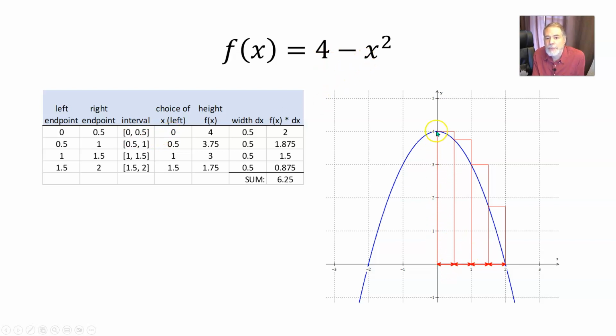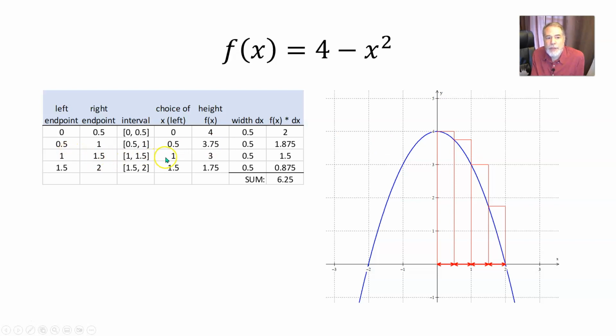So we go all the way up to 4 and take that as the height of the first rectangle. For the second subinterval, the left endpoint is 0.5 or 1/2. So I plug that in for x and I get 3.75. So if I go up to that point on the curve, it's at a height of 3.75, and so we take that as the height of that second rectangle.